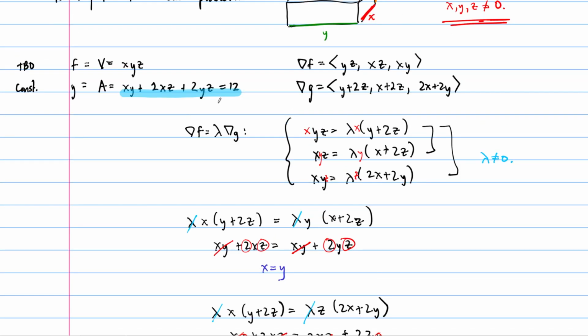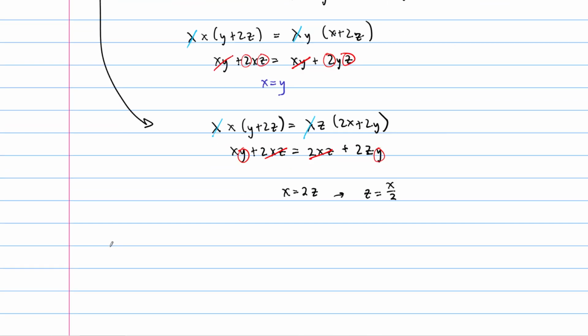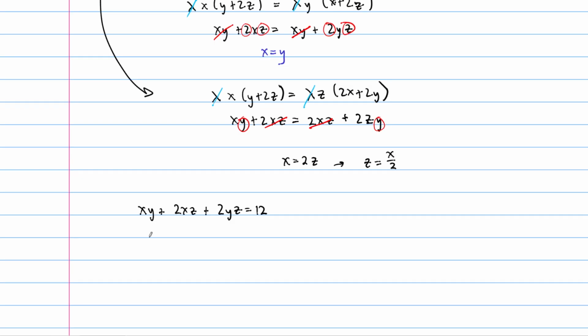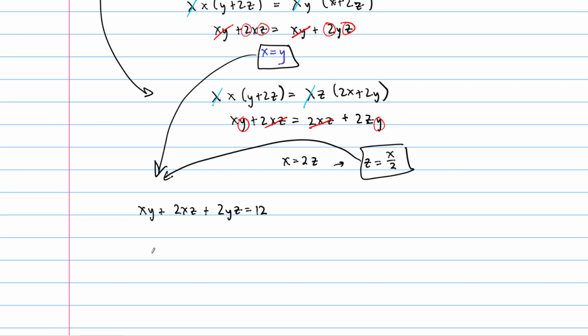And now we go back to our constraint. Our constraint was that x times y plus 2xz plus 2yz had to equal 12. We'll plug in these things for x, so we get this entire equation in terms of x.